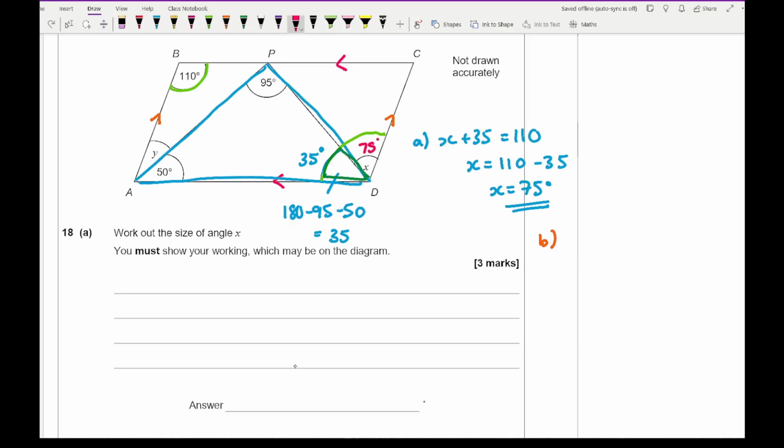To work out y, this angle here makes a Z. If you're not sure where that's come from, if I look at this Z here, now if this angle here is 50, then this angle here is going to be 50. So to work out y, I've got to do 180 minus 110 minus 50 equals y, and so y is 20 degrees.